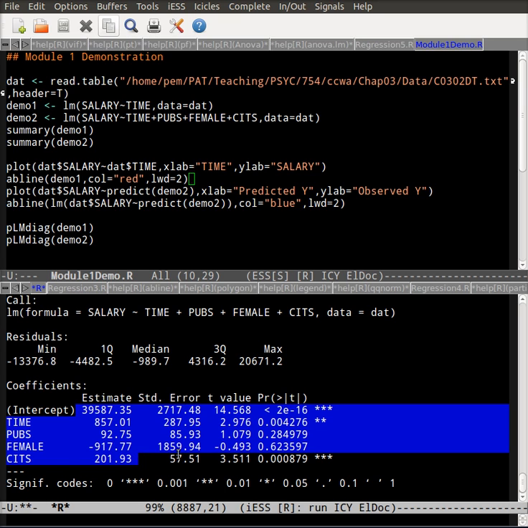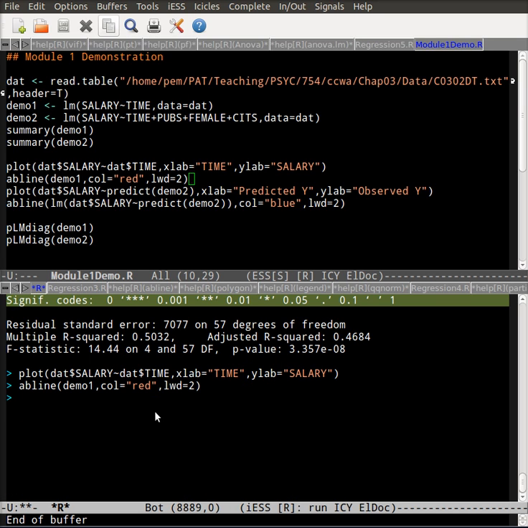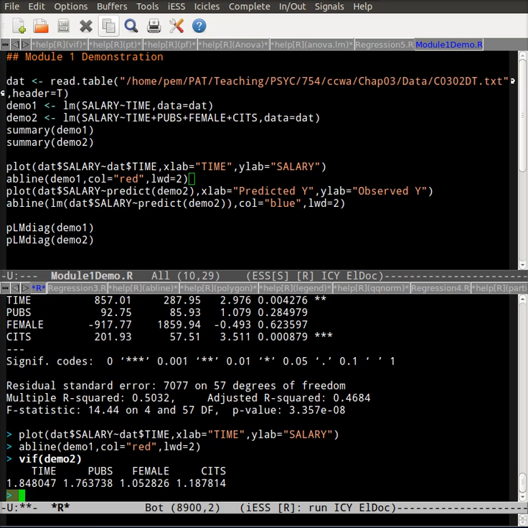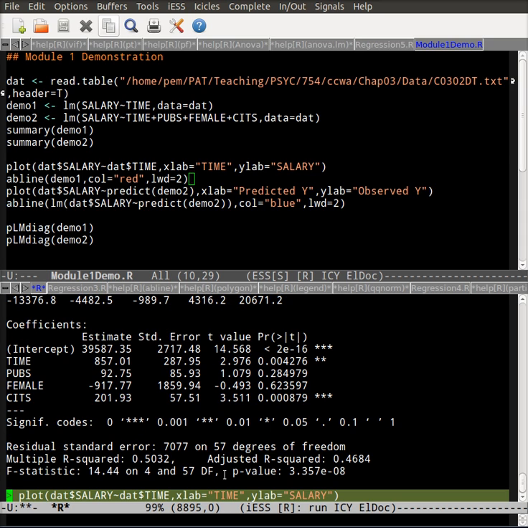Now, I don't know whether there is much collinearity here, so I can check this using this function. You'll see that time has a high VIF, and so does pubs. And the problem is time is still significant, but pubs is not.